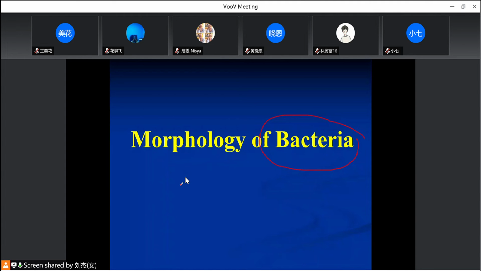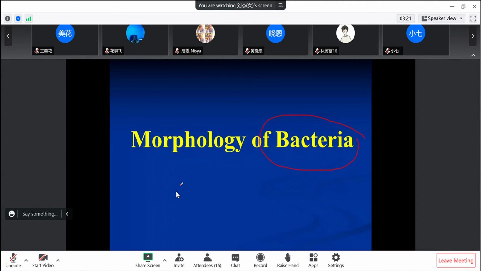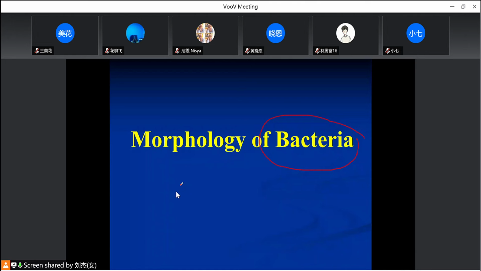So like in nature, the fruits and the flowers have different shapes. For example, the apple is a round shape, is spherical, right? And the banana is a little curved and long. And we have some other shapes of fruits, but most of the fruits are spherical.